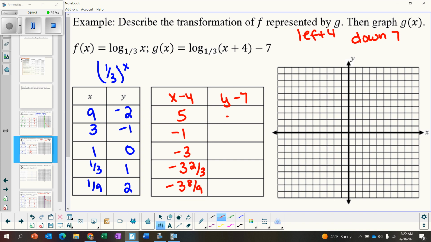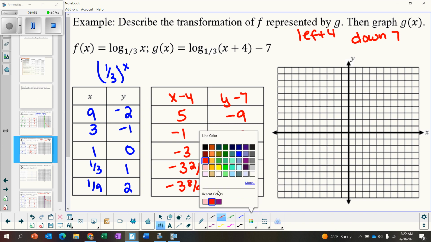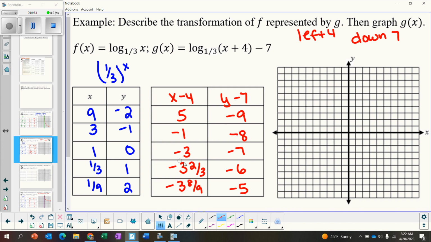And then y minus 7. All right. So for this one, my asymptote is actually going to be now at negative 4. So if I look here where it said x minus 4, that's how I know where my asymptote's going to be.